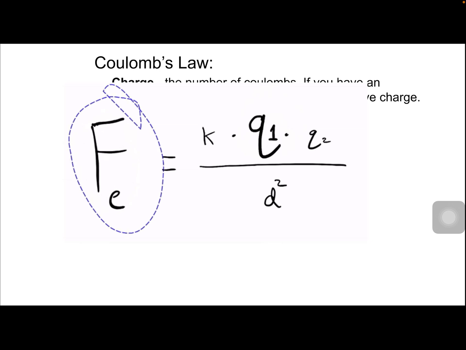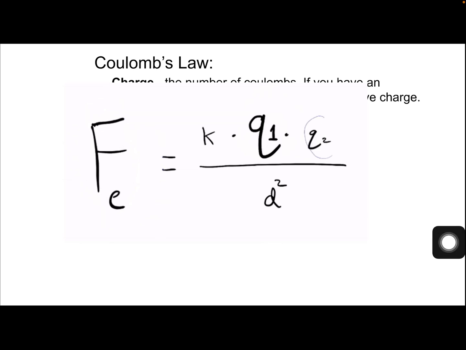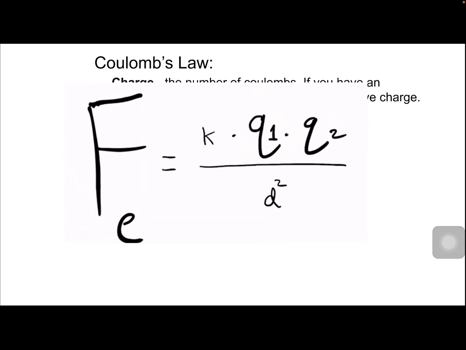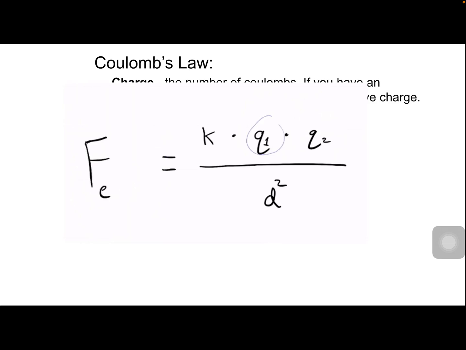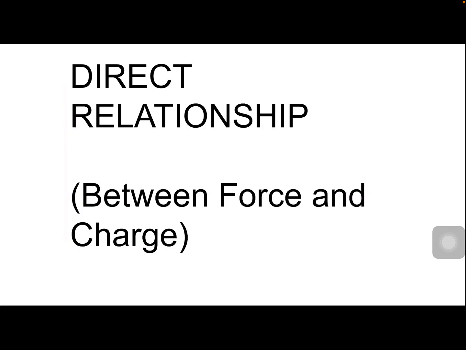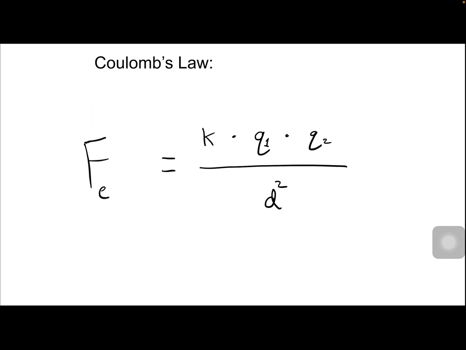If you make charge number 2 more charged up, it's going to interact with charge number 1, and they're going to feel a stronger force between them. It might be repulsion or attraction, but that's a direct relationship. There's a direct relationship between force and charge.